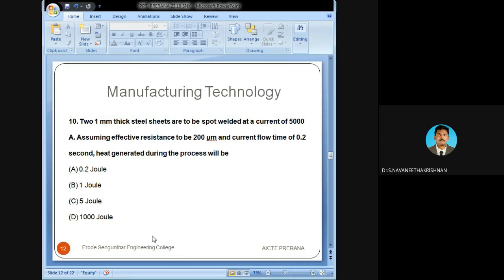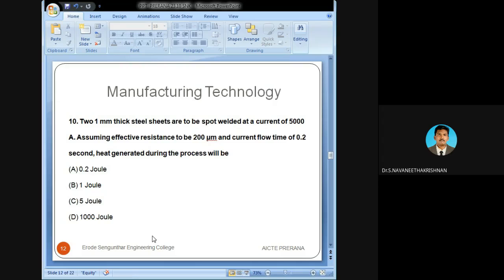So we have to weld two sheets with a thickness of 1 mm using 5000 ampere current, with resistance of 200 micrometer and current flow time of 0.2 seconds. How much heat will be generated during the process?